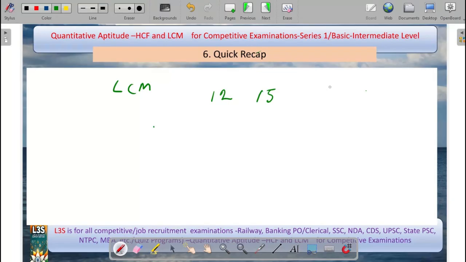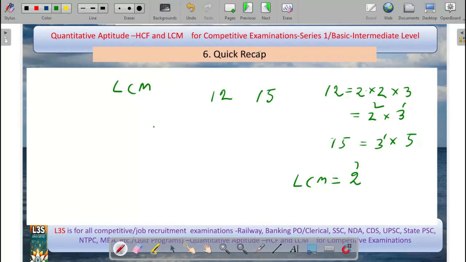The highest power is 2 squared for 2, then for 15, 3 to the power 1 and 5 to the power 1. So here LCM will be 2 with the highest power, then 3 only once, and 5 only once. So 60 will be the LCM here.